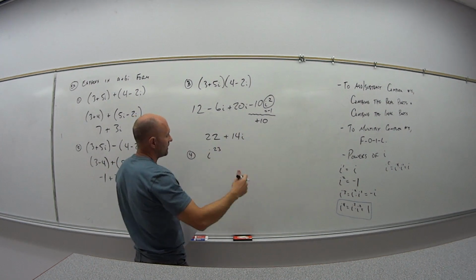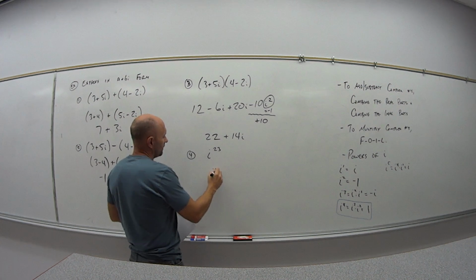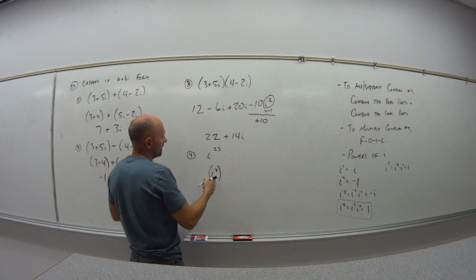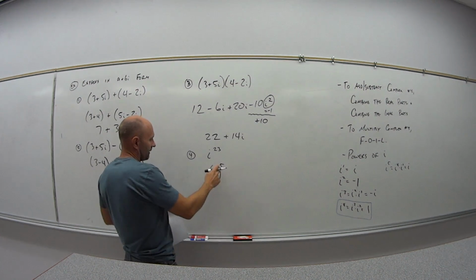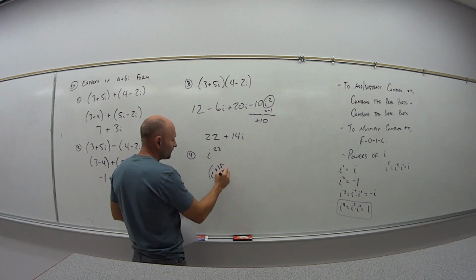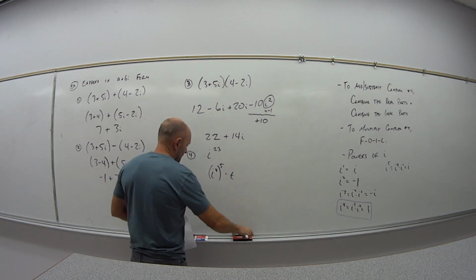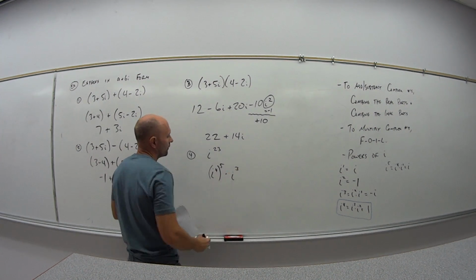It's 5 with 3 left over. So I can say this is like i to the 4th, because that's the one I want to take out. I have 5 of those. 5 times 4 is 20. I still have 3 left over. So this is times i to the 3rd.